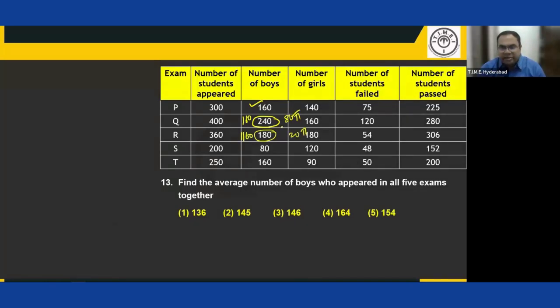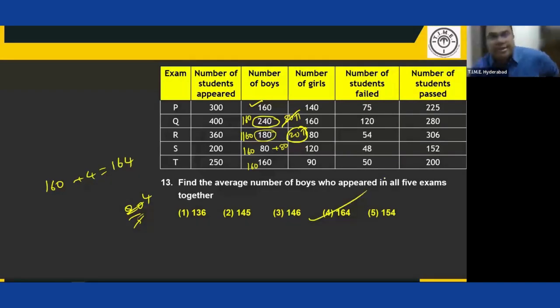So all of them 160, 160, 160, 160, 160, my average should be 160. But when I put all the values, I'm having 20 extra. This 20, you have to divide among 5 exams. 20 by 5 means each exam will get 4 extra. Each one increasing by 4, average will increase by 4. I can say 164. You can do like this also.